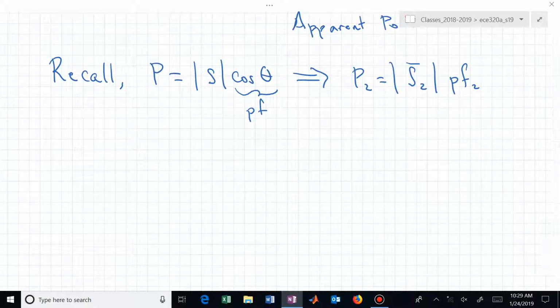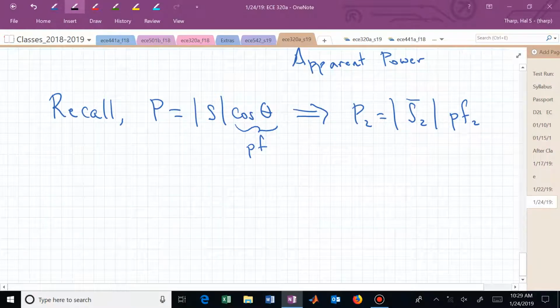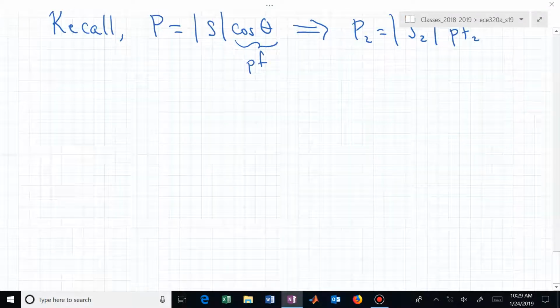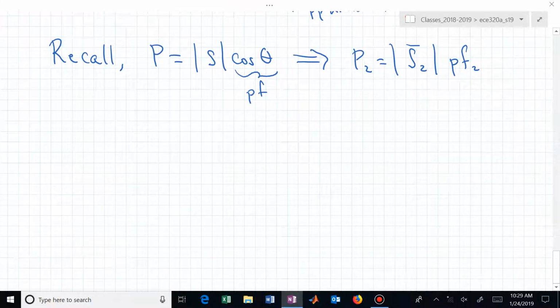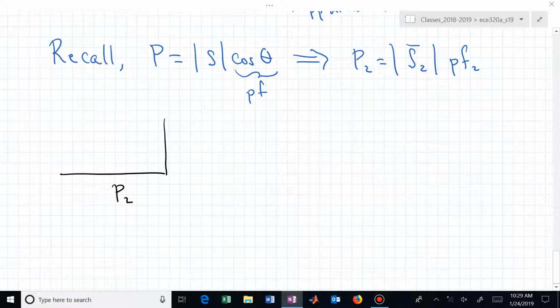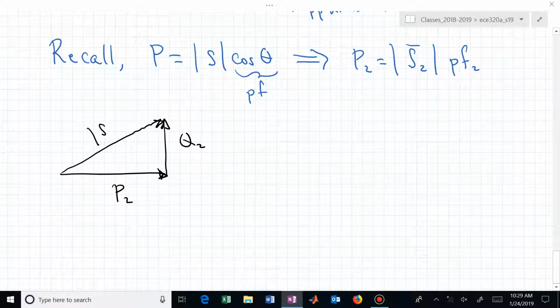And we know it's inductive, and it might be easier or more intuitive to start drawing a picture so that we see what's going on. Here's P sub 2. We don't know this Q sub 2, but we do know that it's up, and we know this hypotenuse value, S sub 2. But in general, we can just say that that's S2, where that's at some direction, theta sub 2.